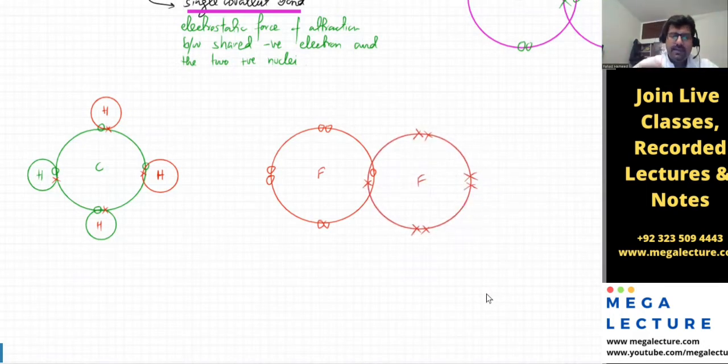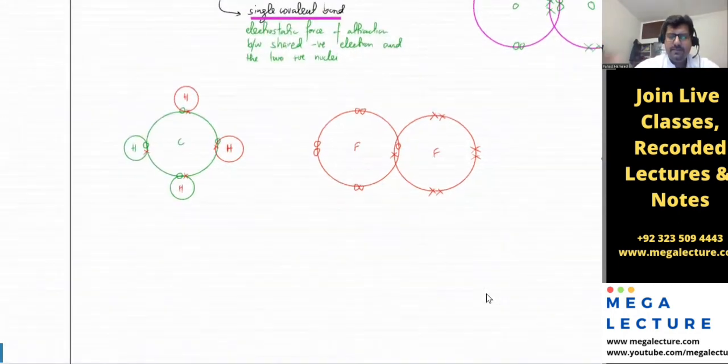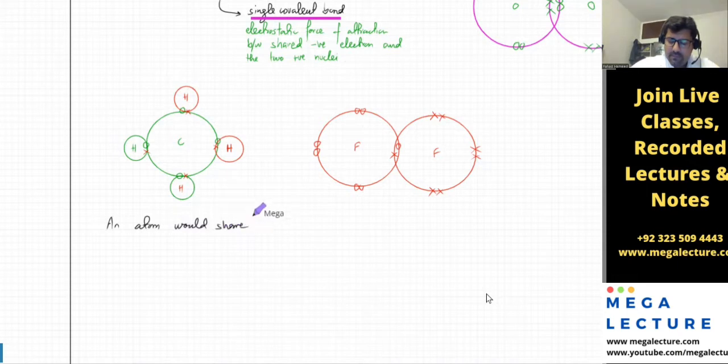So we can come up with a rule over here, which is: an atom would share the same number of electrons which it needs to complete its outer shell.